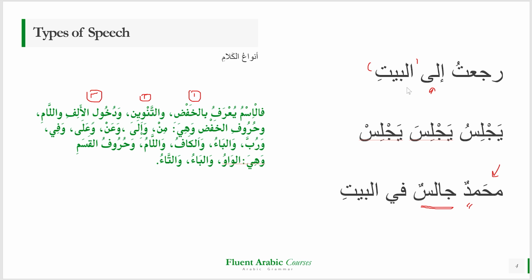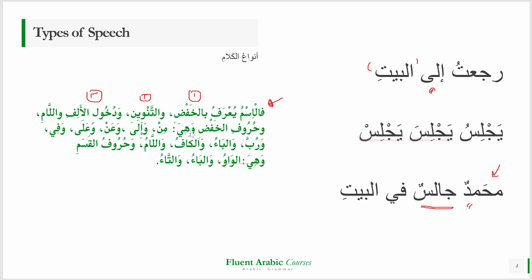Yes, we can say raja'tu ila baytin. I returned to a house. Raja'tu ila baytin. Muhammadun, we see that it takes the tanween already. Can it take the alif lam? Yes, al-bayt. So if any of these rules are applicable, then we know it is an ism. Only one of these rules need to be true.